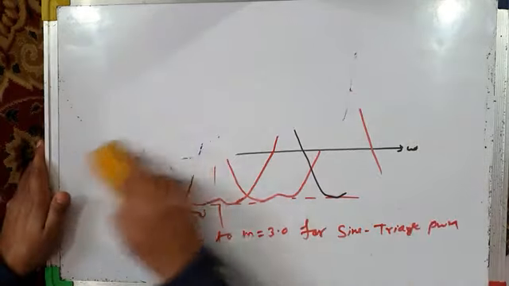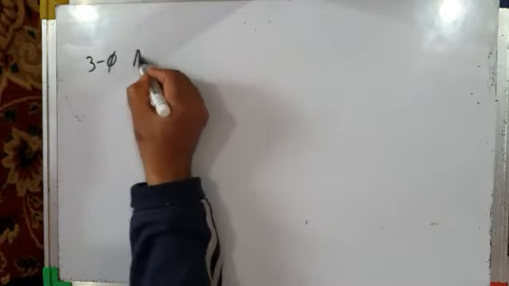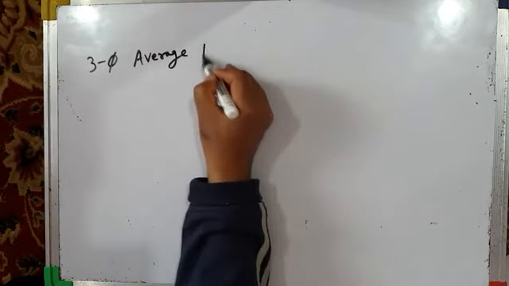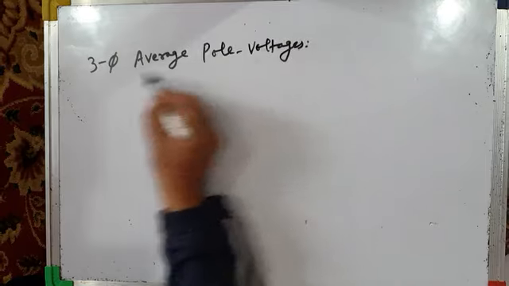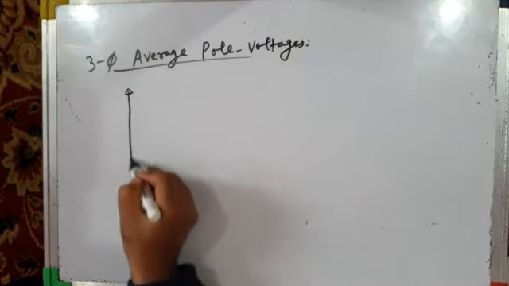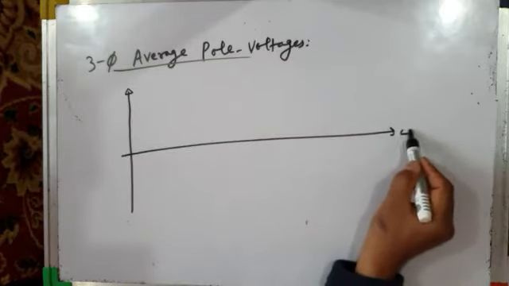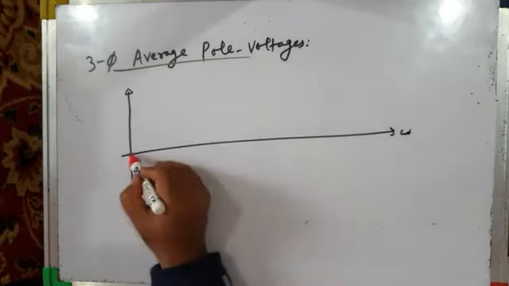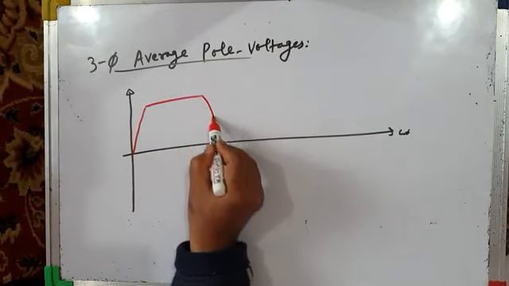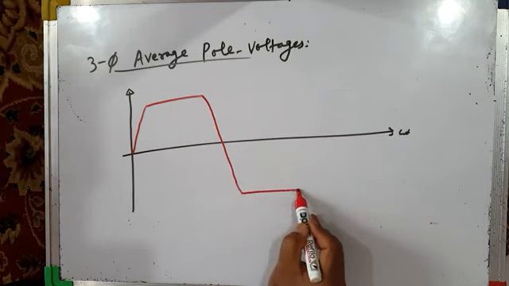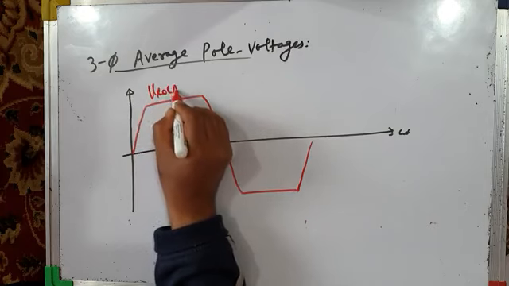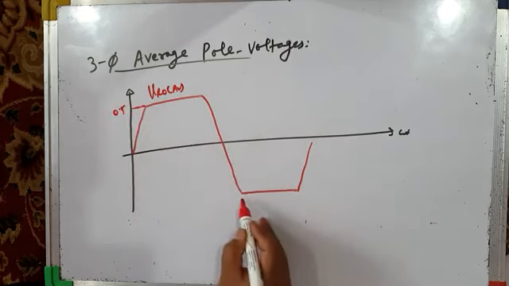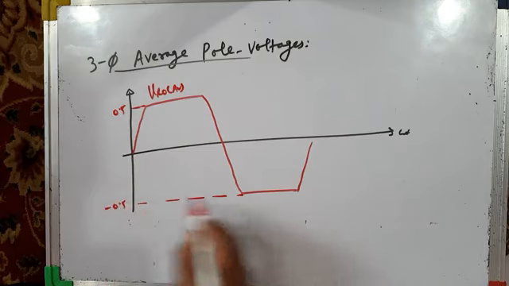Let us quickly draw three-phase average pole voltages. Pole voltages will be like this. Our pole voltages will be, for example, this is our pole voltage, average pole voltage, VRO average. It's 0.5, and this is minus 0.5.